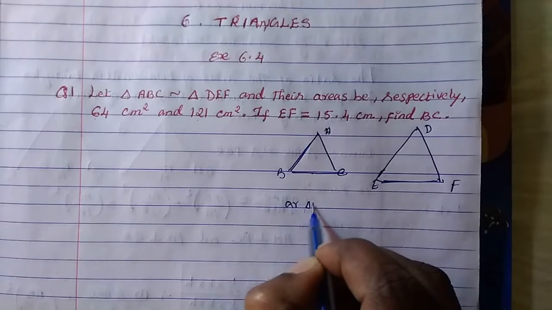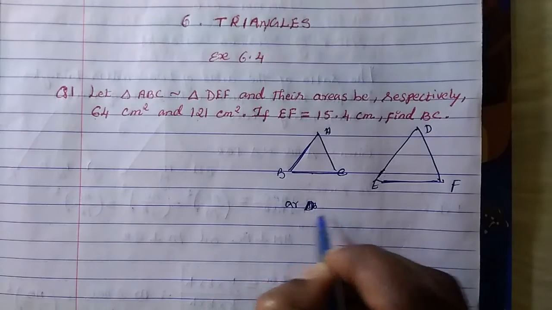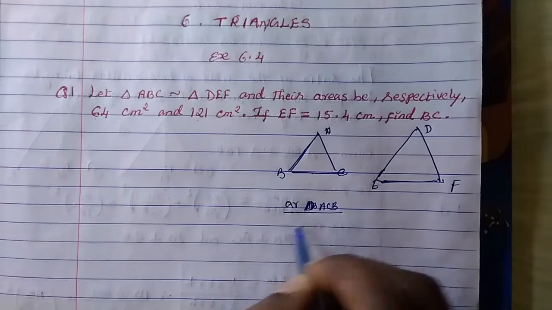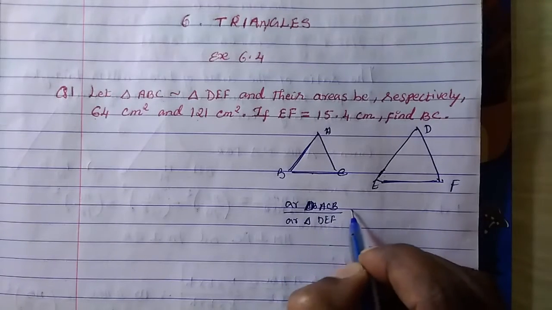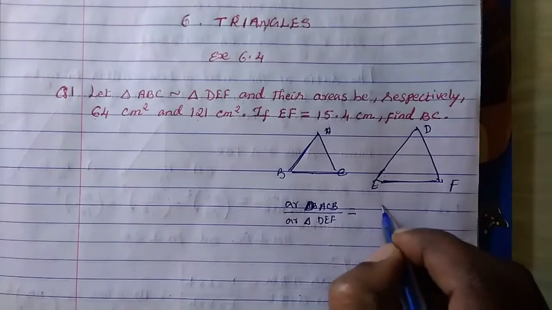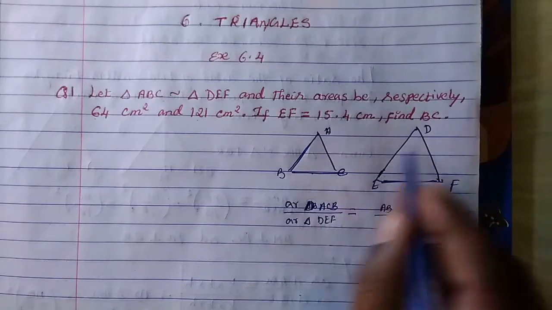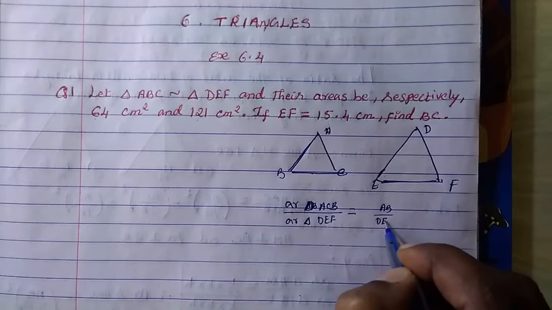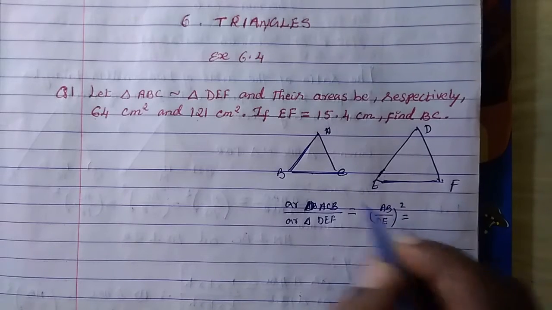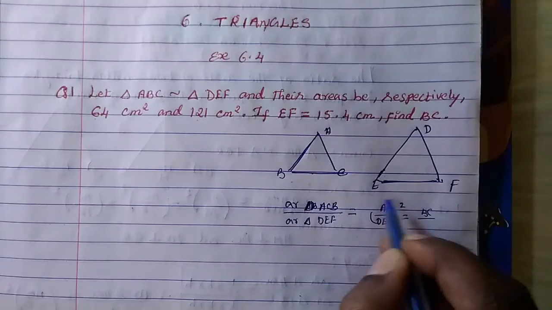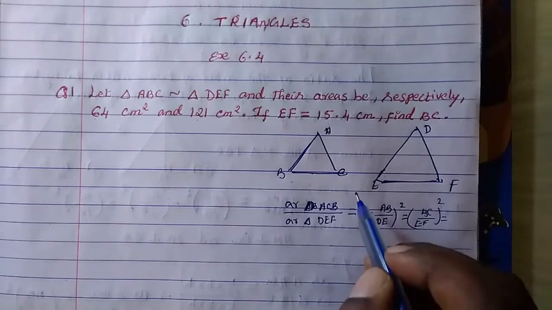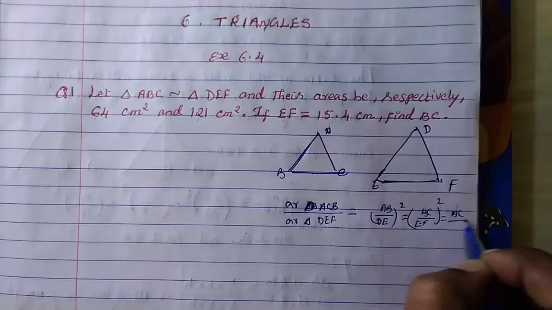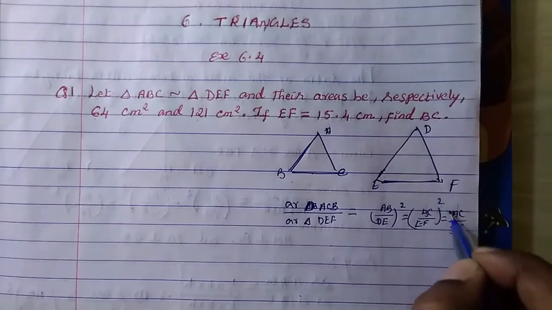So area of triangle ABC upon area of triangle DEF will be equal to the ratio of their sides, AB upon DE whole square, equal to BC upon EF whole square, equal to AC upon DF whole square.